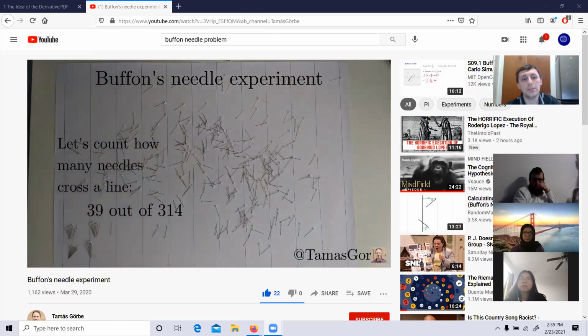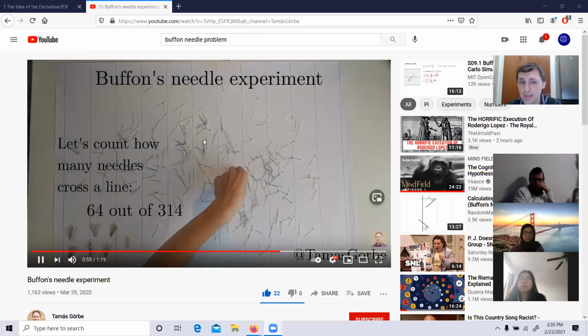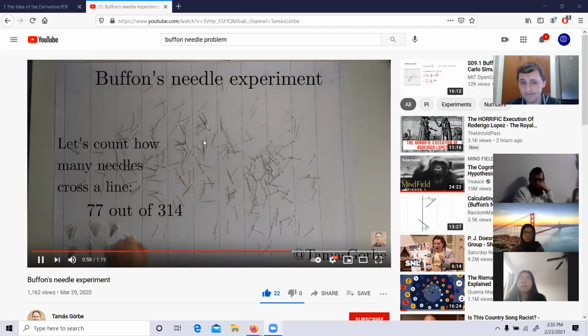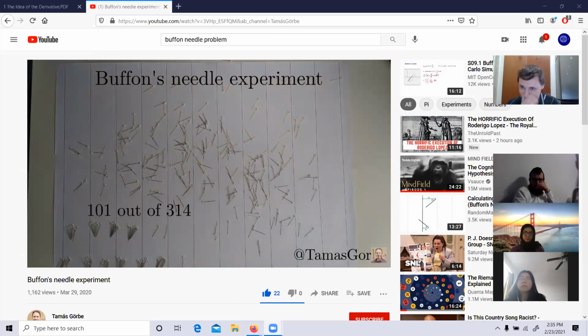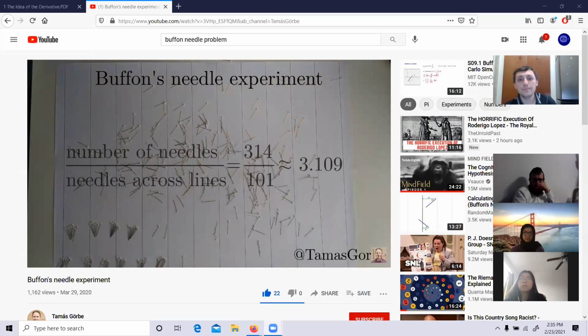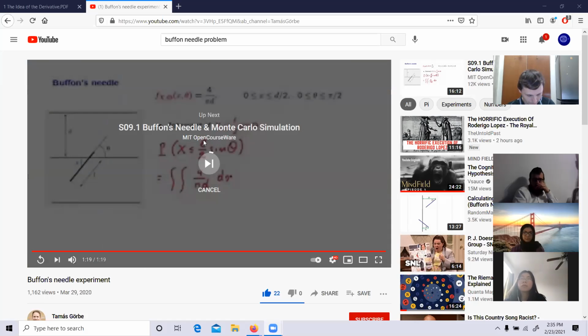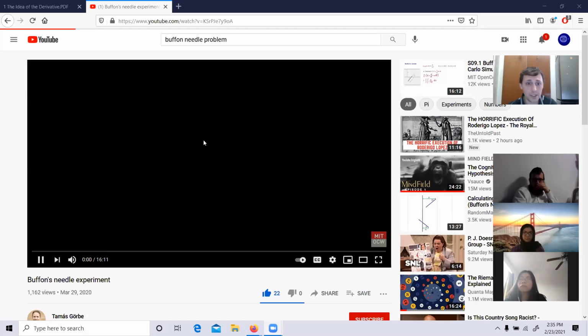And then you very patiently count how many of those needles intersect a line. You see? You've seen it? Wonderful, isn't it?